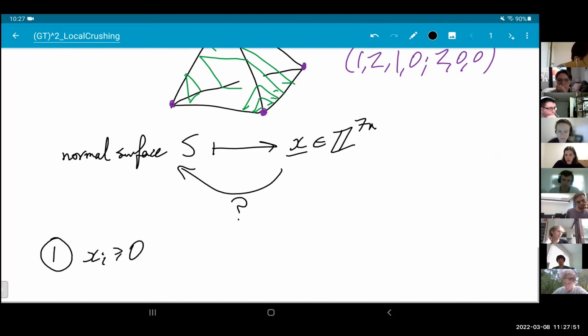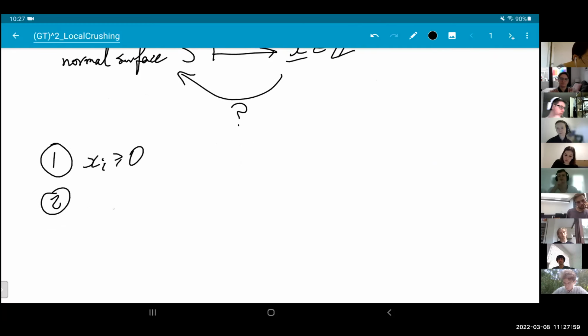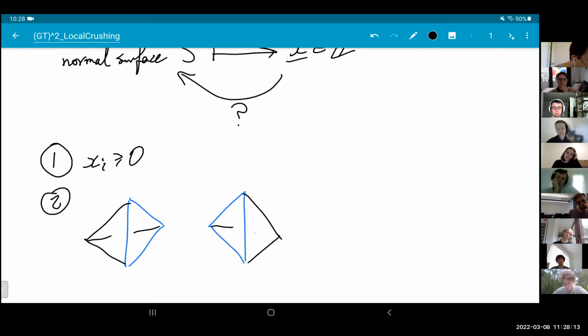The second one is basically, well, okay, so let's say I have these 2 blue triangles glued together, right? So there's a tetrahedron on either side. And let's say I don't do any rotations and they're glued together straight on, just to make the drawing easier.